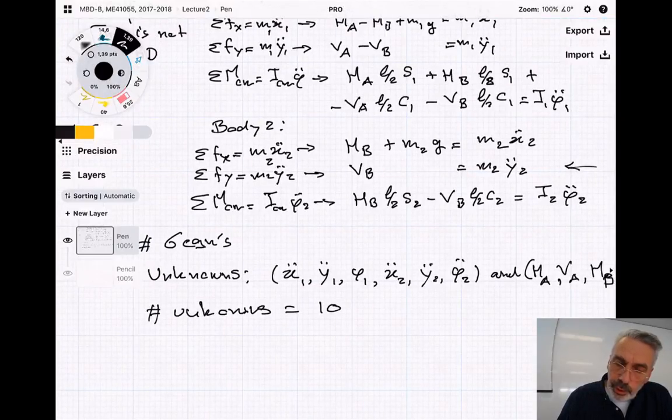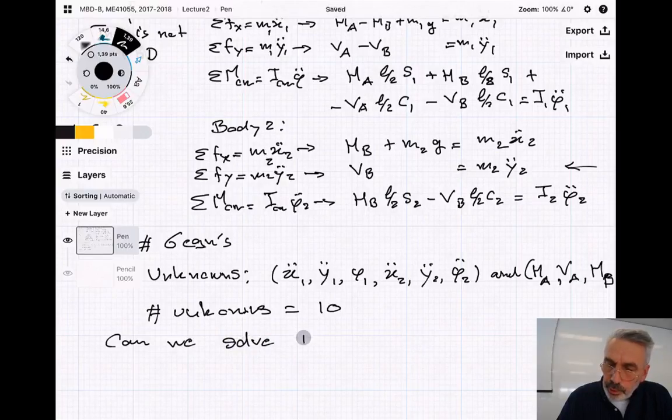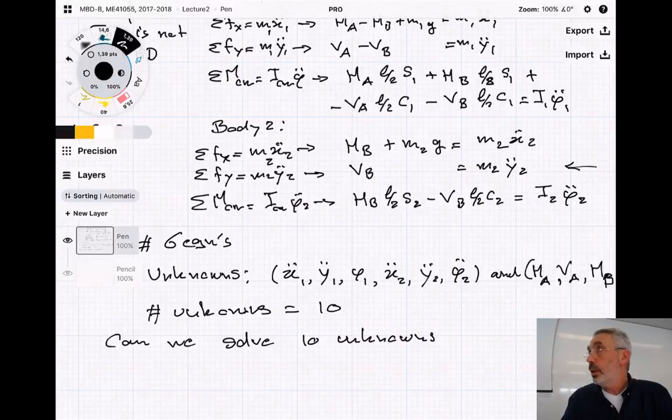Now, can we solve 10 unknowns? Yes, because the angle is the initial state. Oh yeah, yes. Thank you very much. Yeah, there was an omission. So the accelerations and forces is what we solve. Can we solve the 10 unknowns from 6 equations? Question mark.